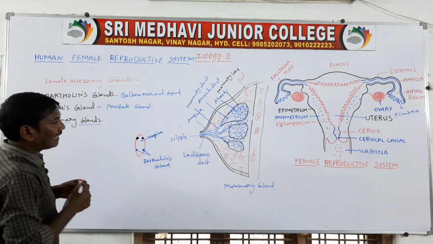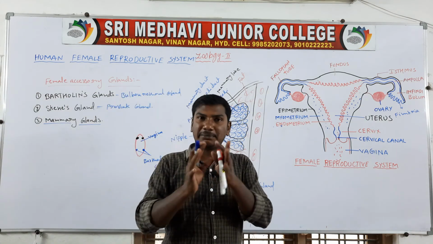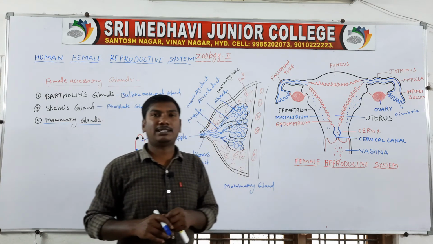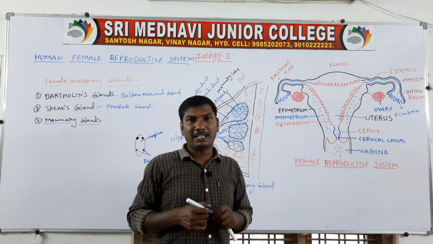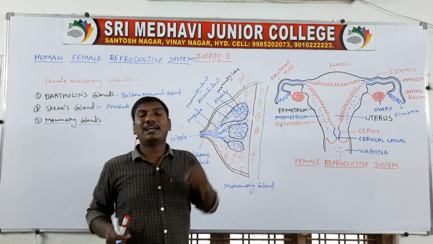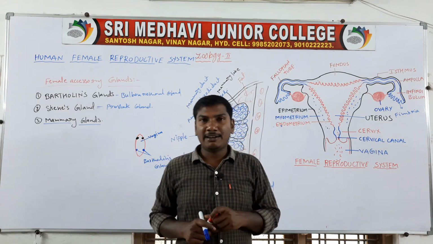A pair of mammary glands is present in females. Mammary glands means breast, and they release milk. The mammary glands contain glandular and fat tissue.